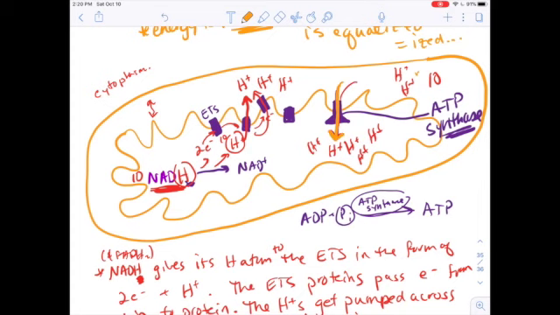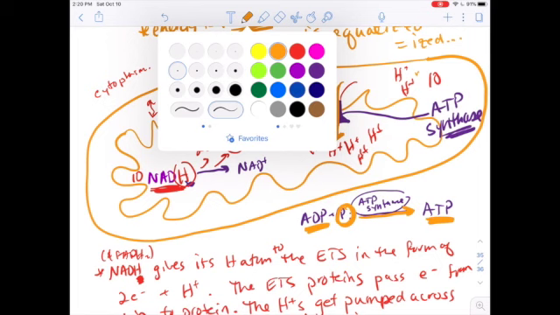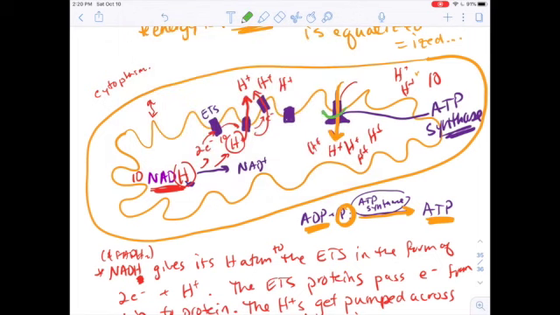As they flow through, ATP synthase gets energy to put that phosphate group back onto ADP to make ATP. And what it does is physically turn this enzyme, this protein, around.